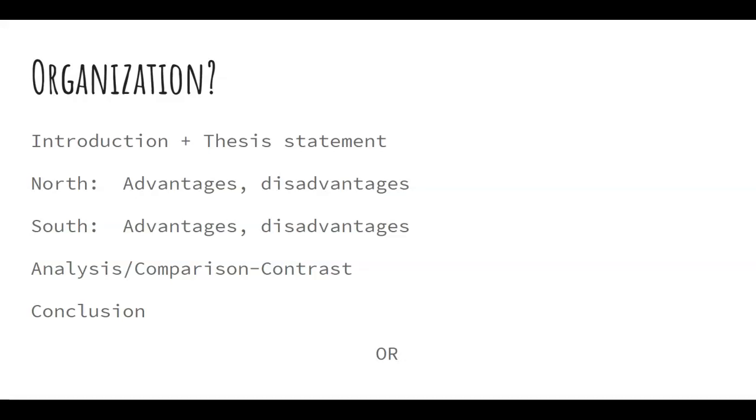So for the South, you can organize it by advantages and disadvantages. Then you can analyze it, compare and contrast the advantages for both groups, and write your conclusion at the end, okay? If you're writing about another subject, you can do the same thing. You can cover all of the North and then all of the South. Or you can do this.